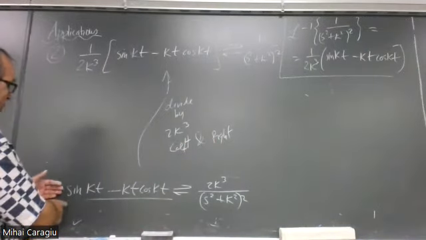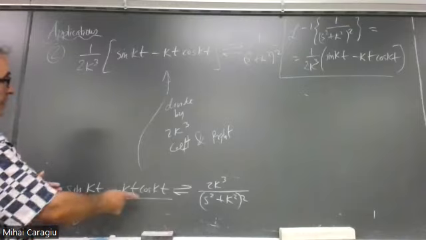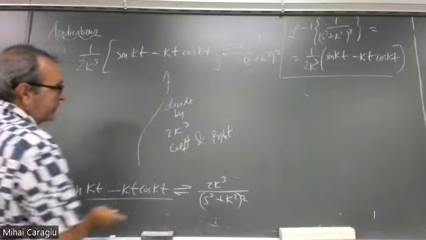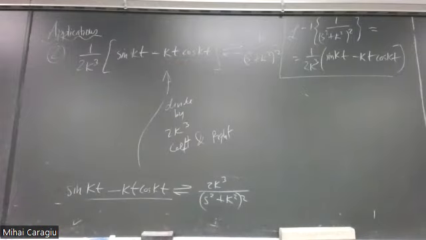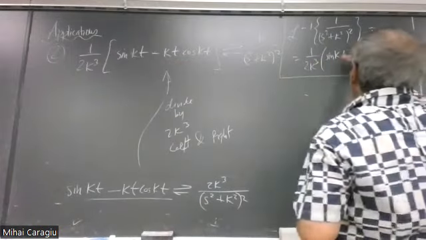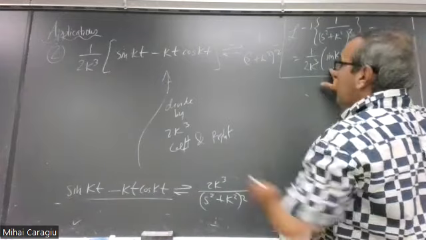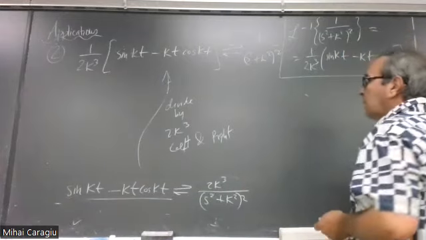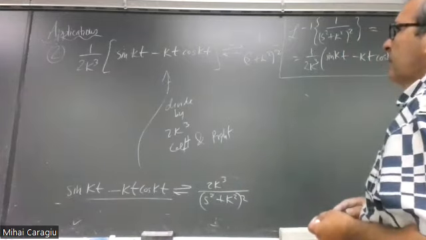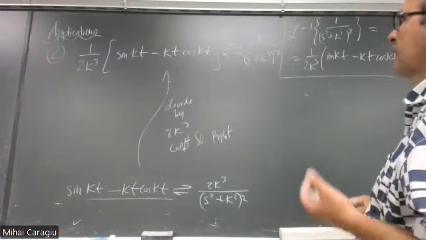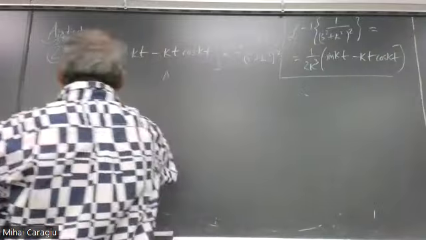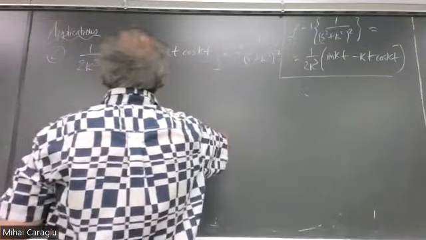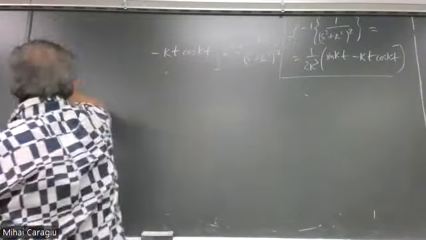So 1 over 2k cubed times sine kt minus kt cos kt transforms into 1 over s squared plus k squared, squared. So with the consequence that the inverse transform of 1 over s squared plus k squared, squared is 1 over 2k cubed times sine kt minus kt cos kt. So we are done with the harder problems from the latest homework. Now you know how they work. Then let's do some applications.